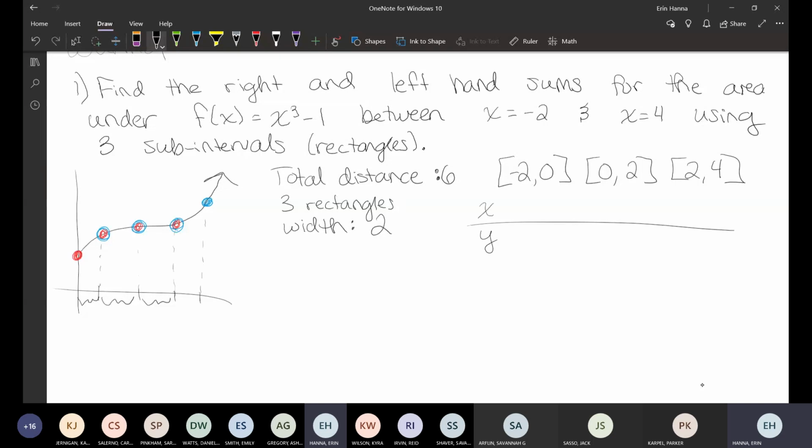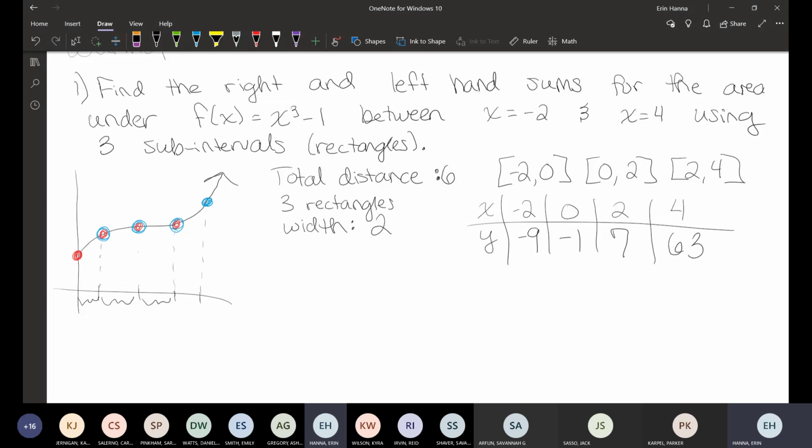So let's find all the y values at all of the points we could possibly be using, using the function we're given. -2 cubed is -8, minus 1 is -9. 0 cubed is 0, minus 1 is -1. 2 cubed is 8, minus 1 is 7. 4 cubed is 64, minus 1 is 63. So these are the y values we have to choose from.